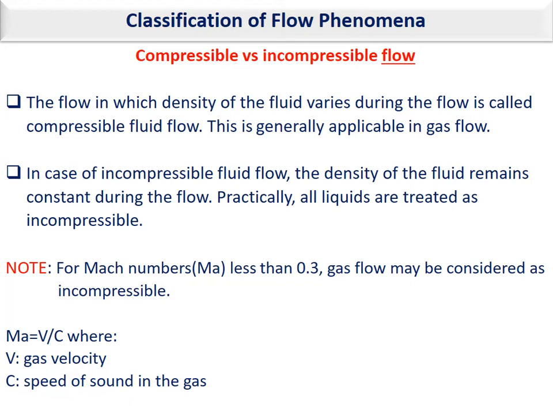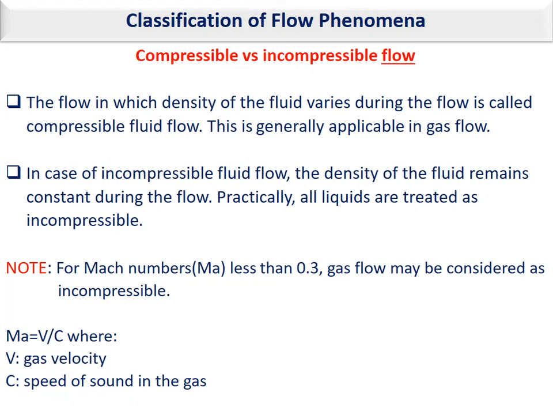As you can see here, the flow in which the density of the fluid varies during the flow is called compressible fluid flow. This is generally applicable in gas flow. In case of incompressible fluid flow, the density of the fluid remains constant during the flow. Generally, liquids are treated as incompressible. But there is an exception here, which is very important to consider.